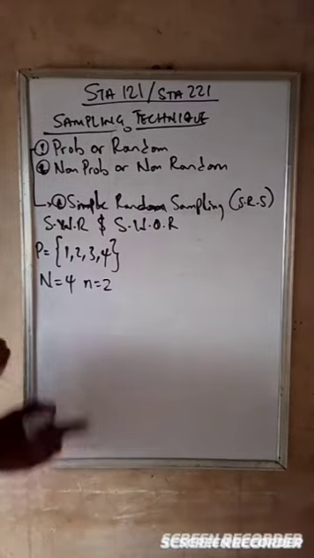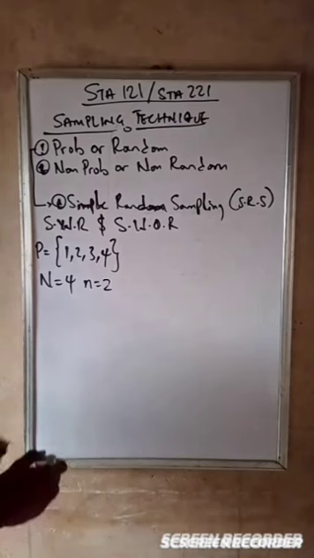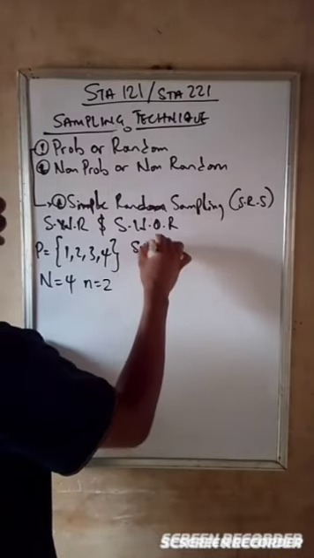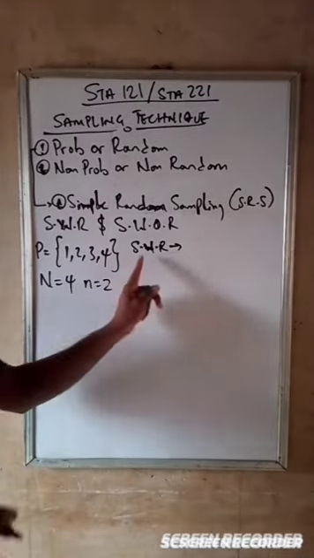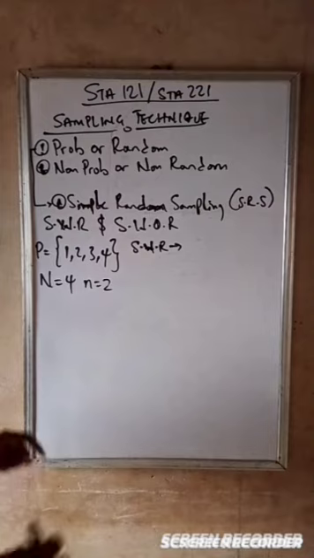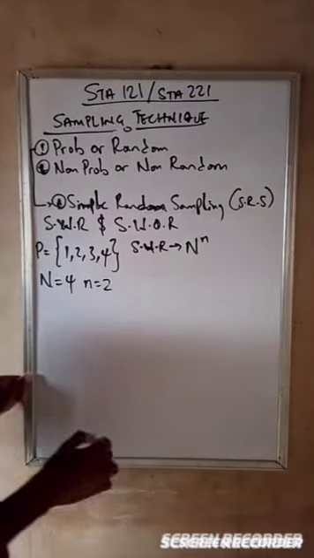That is, if the question is asking me to take a sample size of 2, then my sample size will be 2. Now, one thing you have to know is that the total number of samples that can be formed from sampling with replacement is capital N raised to power small n.